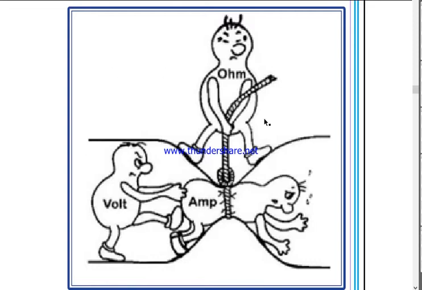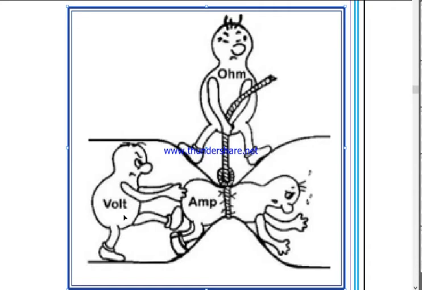So what this diagram specifically depicts is that the amount of electric current that would flow through the conductor is directly proportional to potential difference, or is directly dependent on potential difference.